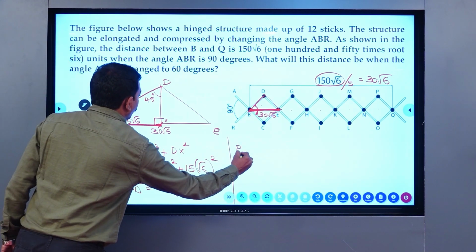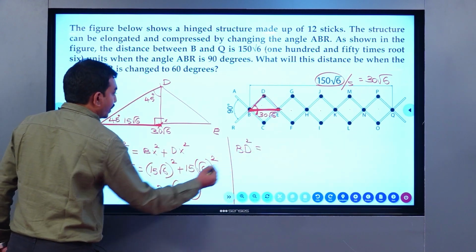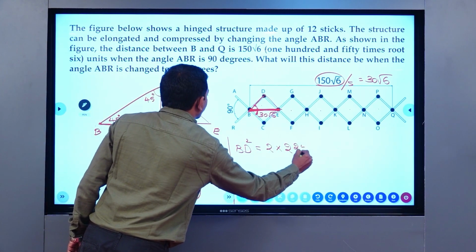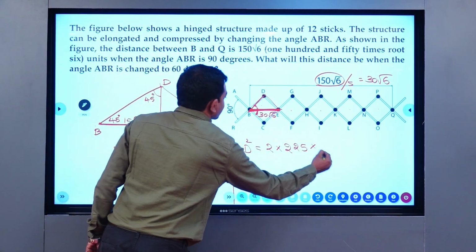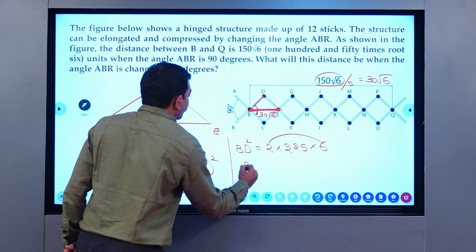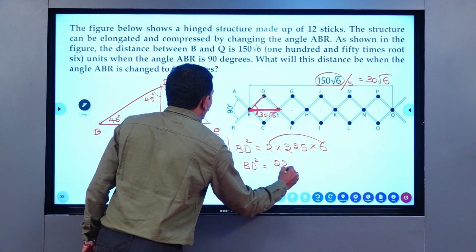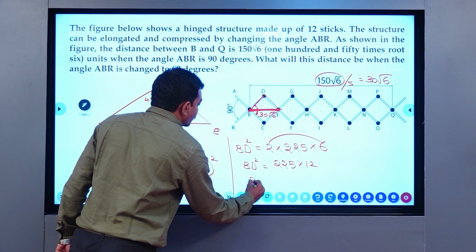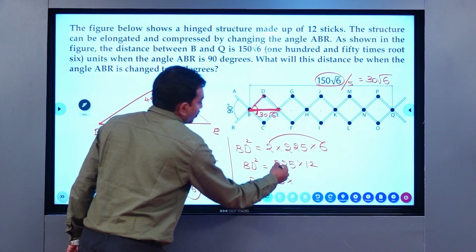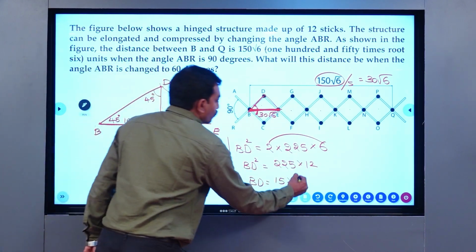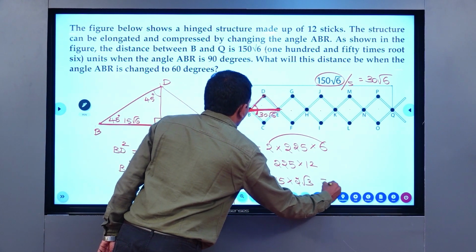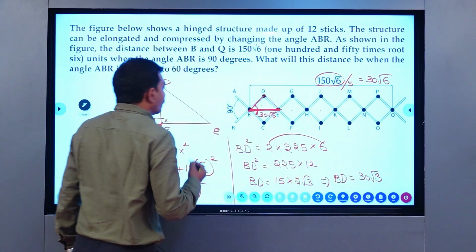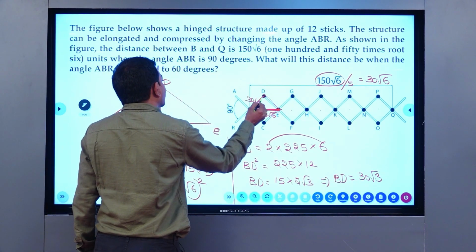BD square is equal to 2 into 15 square, which is 225. Root 6 square is 6. 6 into 2 is 12. BD square is equal to 225 into 12. If we send the square to that side, BD is equal to 15 into root 12, and root 12 is 2 root 3. So the length of BD is 30 times root 3. We got this length BD as 30 root 3.